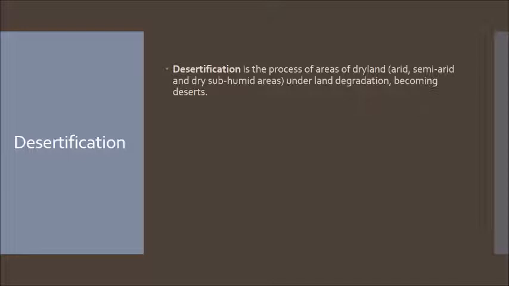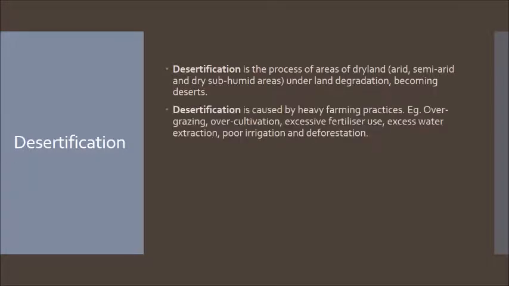So when these dry areas are degraded, they become deserts. Desertification is caused by heavy farming practices, like overgrazing, overcultivation, too much fertilizer, too much water extraction, deforestation. All these processes degrade dry areas, and if they're degraded too much, then they can turn into deserts.